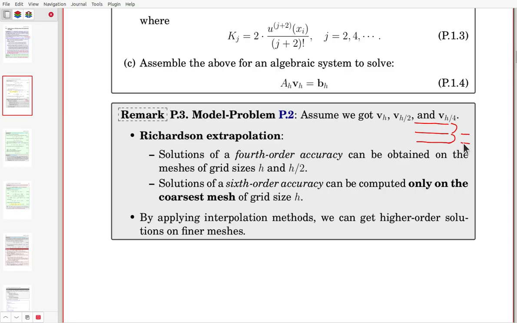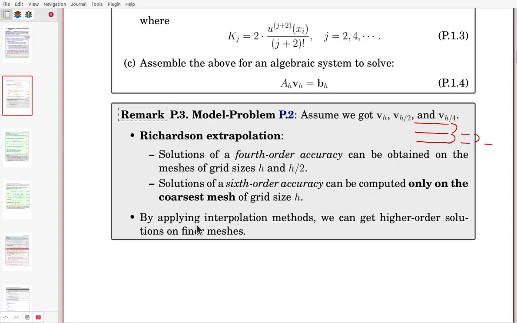These are fourth order, and we can apply one more time Richardson extrapolation to get sixth order. So by using these two solutions, we can get on this level sixth order solution. But the available values are only on the closest mesh, that one of grid size H, right?